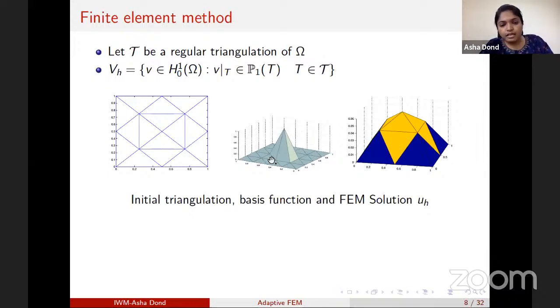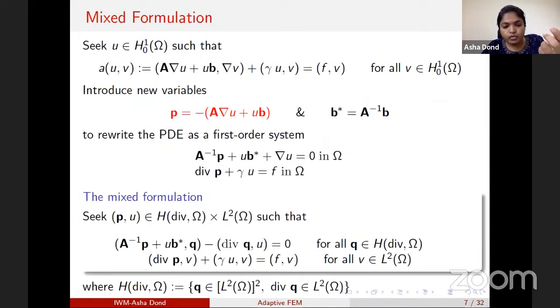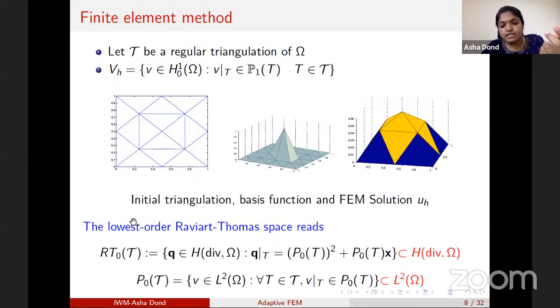As I said, in the mixed formulation we want approximations for the two variables p and u. So we have to select two discrete spaces such that there is some compatibility between them. For the flux, we are going to select the lowest order Raviart-Thomas space, which is a subspace of H div omega.